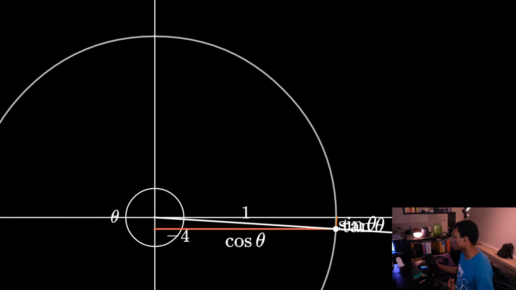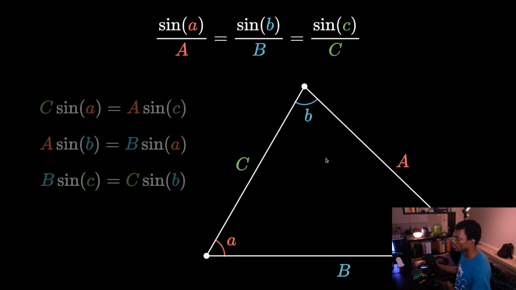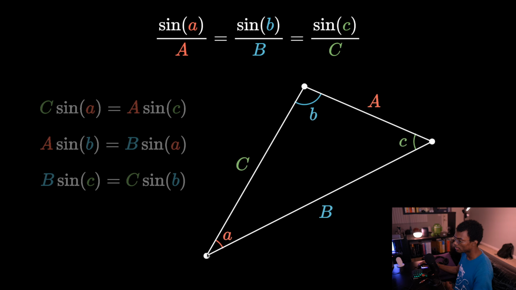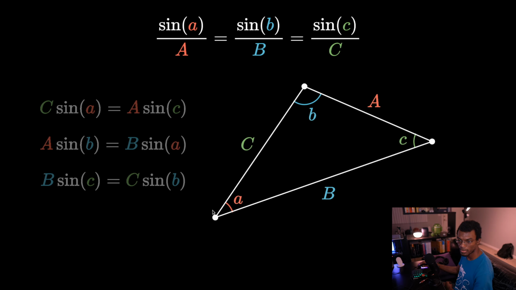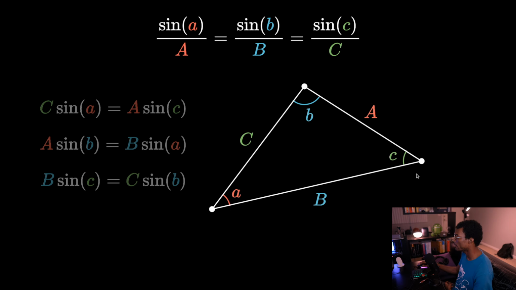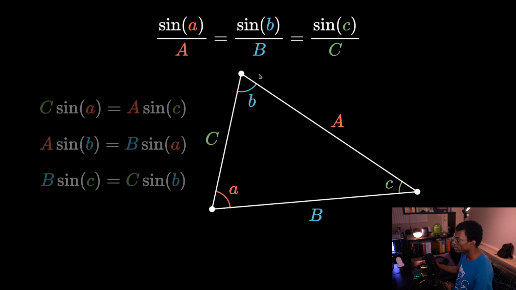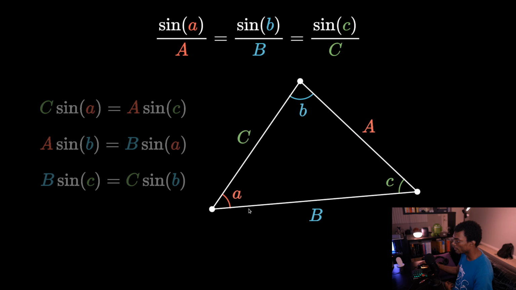So I'm going to show a triangle with the angles and the sides labeled. And now, given the intuition we have of where the sine is, we can see where the sine of a given angle, say A, appears on this triangle.